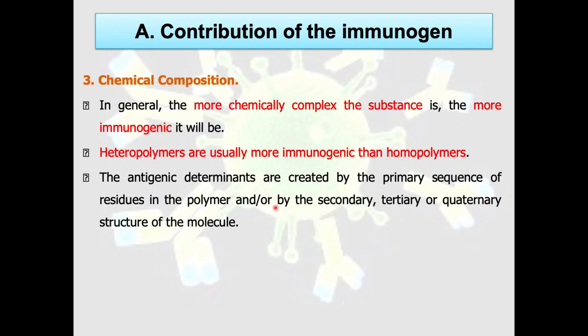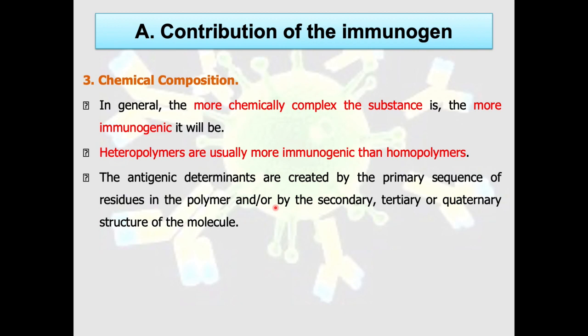The third one is chemical composition. In general, the more chemically complex the substance is, the more immunogenic it will be. For example, heteropolymers are usually more immunogenic than homopolymers. Heteropolymers are combinations of different substances.